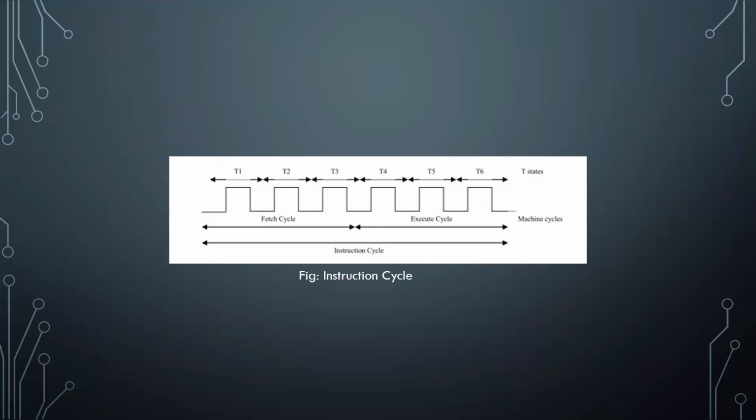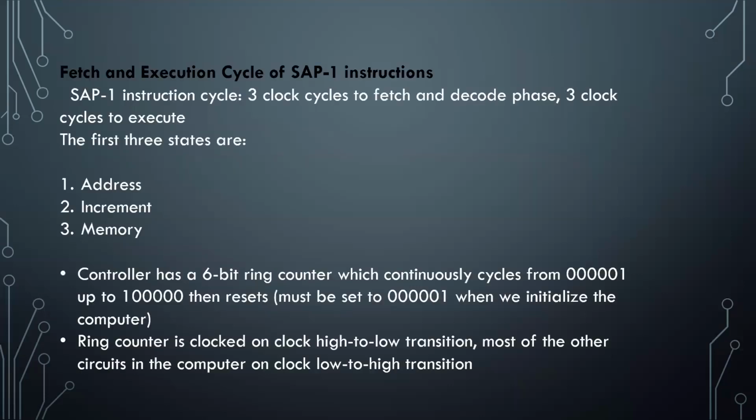That's the figure of the instruction cycle flow. Fetch and execution cycle of SAP instructions. The SAP1 instruction cycle takes 3 clock cycles to fetch and decode and 3 clock cycles to execute.